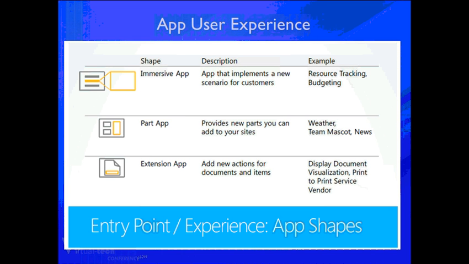The idea is we can also develop extension points to the ribbon as well as the standard ECB menus in SharePoint. Those are called extension apps. So at a high level, these are the three things, but in today's demo, I'll be touching a little bit on the immersive app as well as the part app. With that briefing, we can move to the next slide.